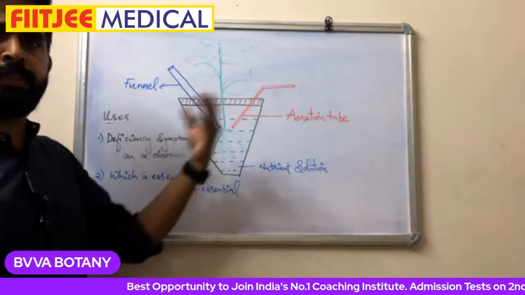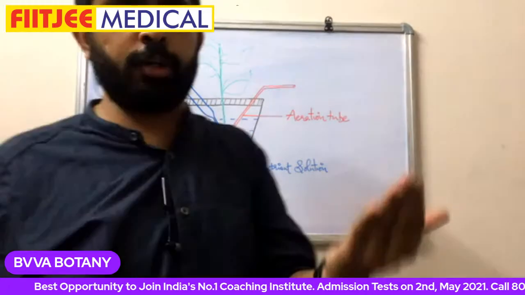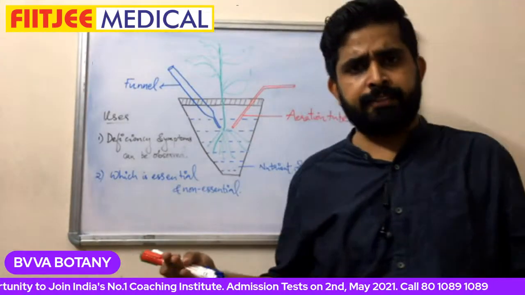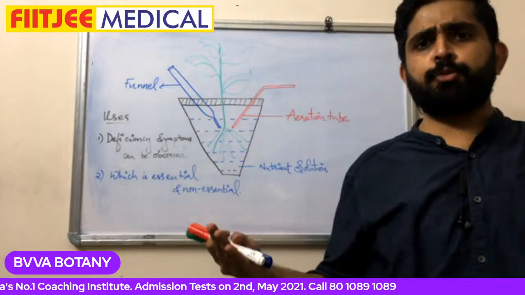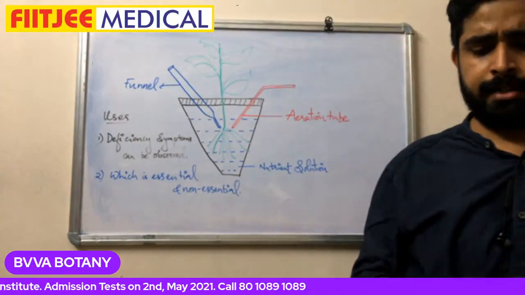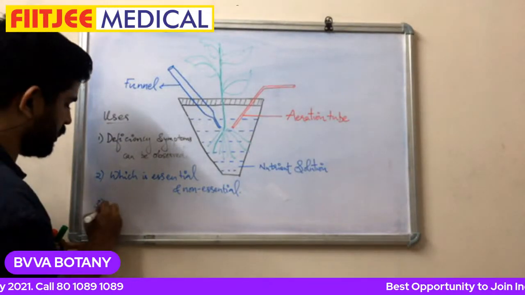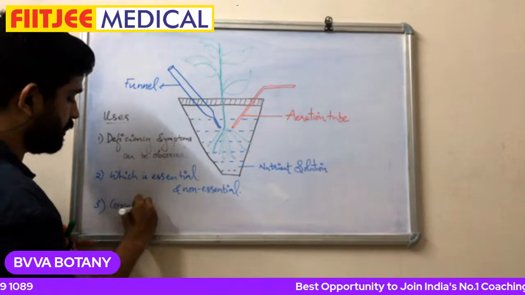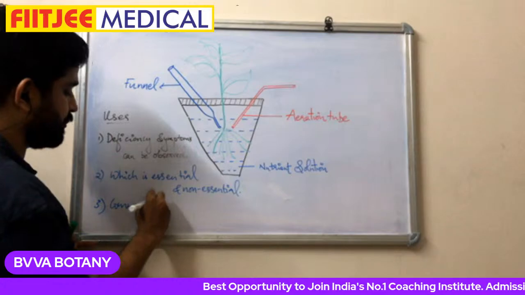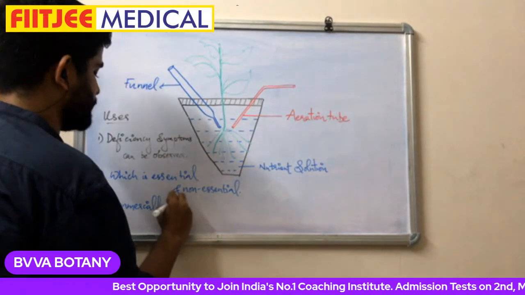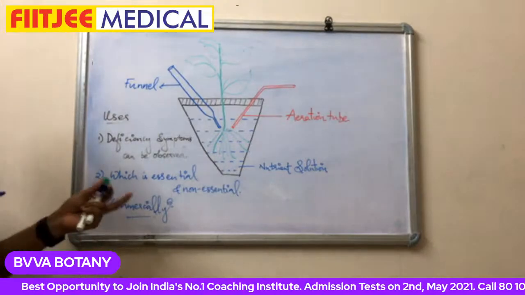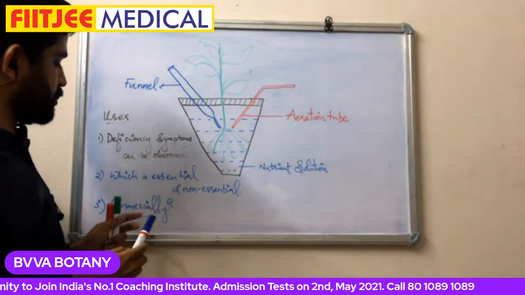We will provide the element and see the symptoms in its absence. If there are none, definitely it is not much required for the plant, so it is a non-essential element. Apart from that, it can also be used commercially for the production of various crops. So we will take up that commercial use.